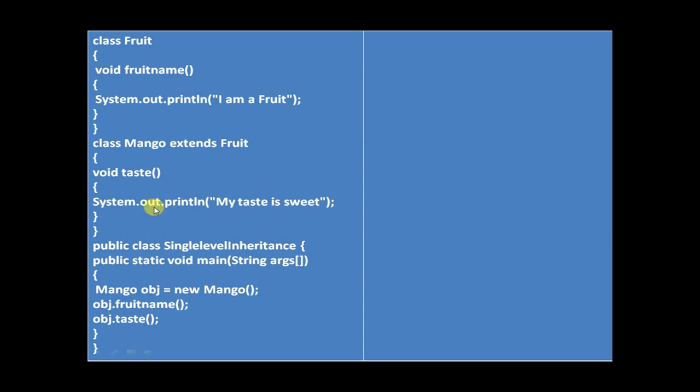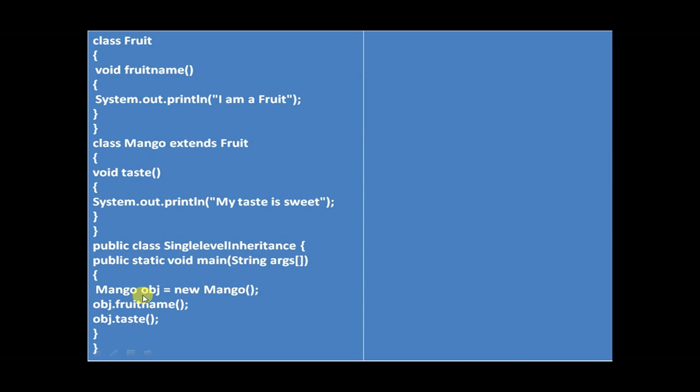Here we create a single level inheritance class with the public static void main method, and we create the object for the subclass mango. From the subclass object you can call the fruit name method as well as the test method. How is it possible? You may be thinking that we defined only one method, test, in the mango class, so how can we call the fruit name method using the object of the mango class?